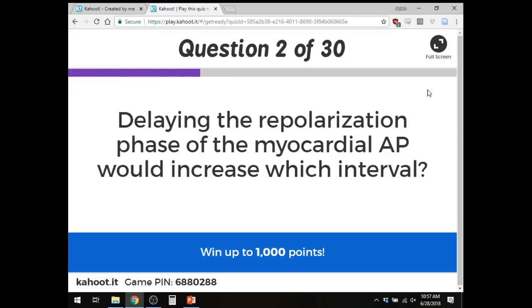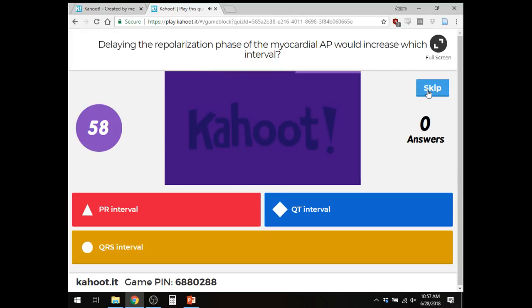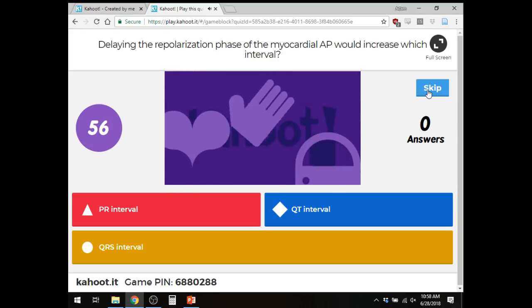Delaying the repolarization phase of the myocardial action potential would increase which interval? PR, QT, QRS, what do we think?